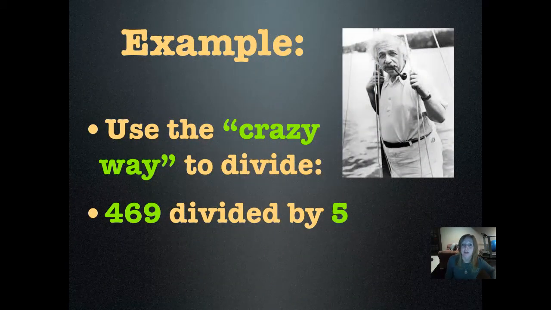Here's an example. We're going to use the crazy way to divide 469 by 5. I've written it just the way we always do. 469 is the dividend, it's in the house, and 5 is the divisor going into the house. But instead of starting out with how many times 5 goes into 4 or how many times 5 goes into 46, we're going to do something called doubling.